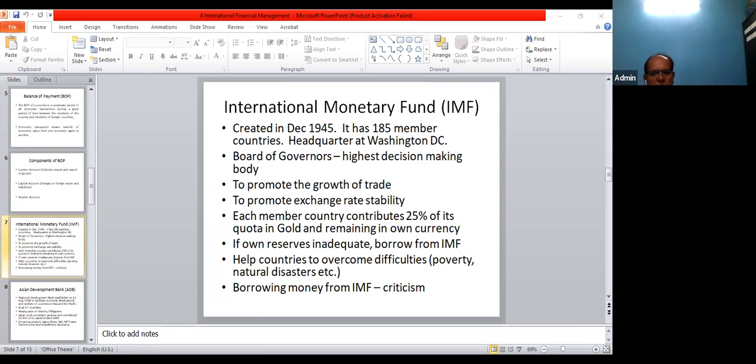And the example is America. America has taken a huge amount of quota from the IMF, so their influence is quite bigger compared to other countries. And the second one is China. China also has influence over the IMF.